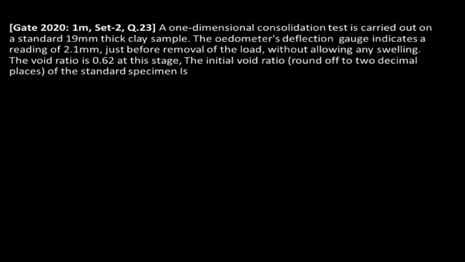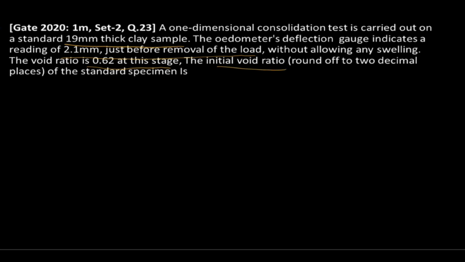In this question, they have given that a one-dimensional consolidation test is carried out on a standard 19 mm thick clay sample. The odometer deflection gauge indicates a reading of 2.1 mm just before the removal of load, without allowing any swelling. So the void ratio at this stage, they have given the final void ratio, and they're asking us to find out the initial void ratio.